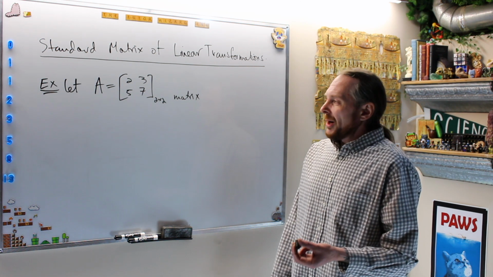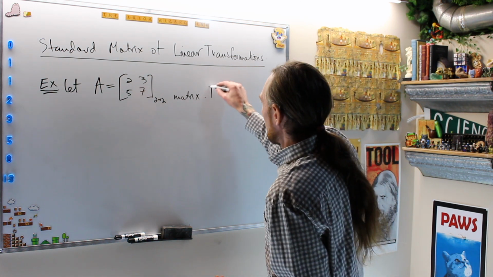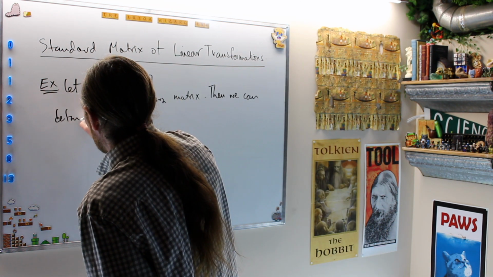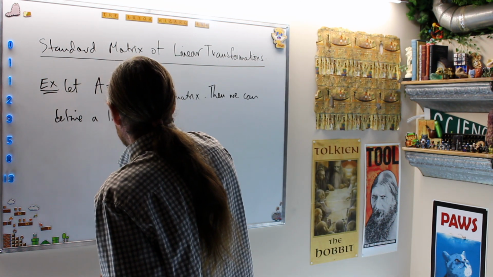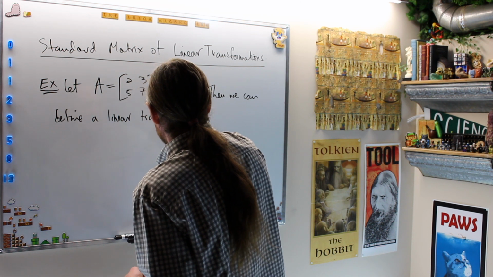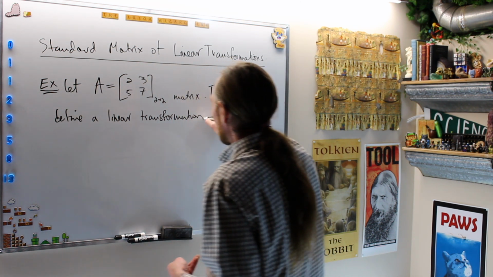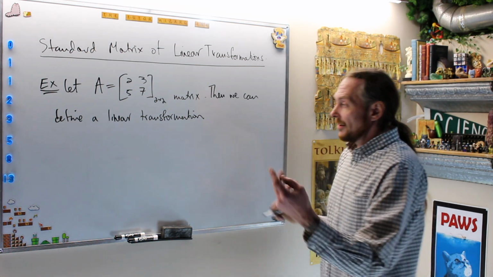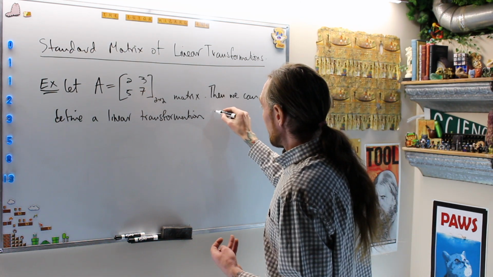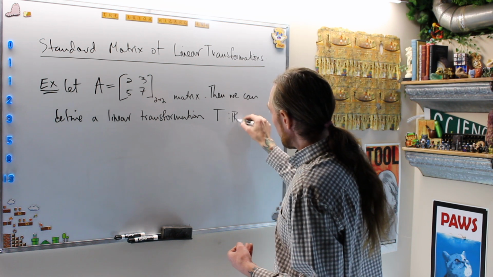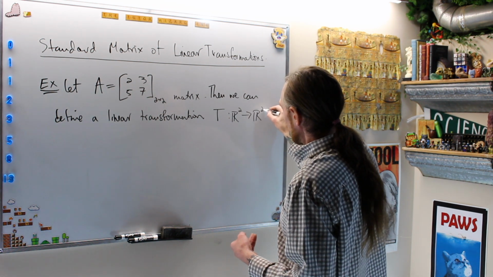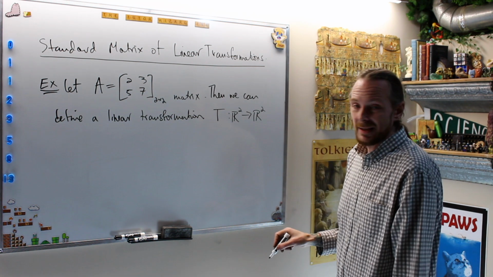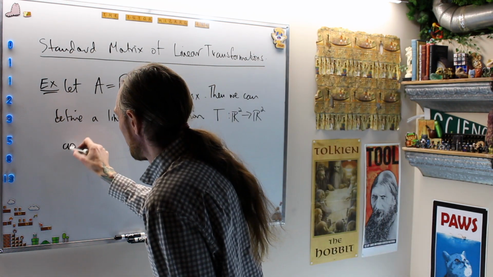What I want to show is that we can define a linear transformation, basically the left-hand side of an n by n linear system, A times x. Linear transformation T from R^2 to R^2. If it's m by n, it'll be R^n to R^m, as follows.